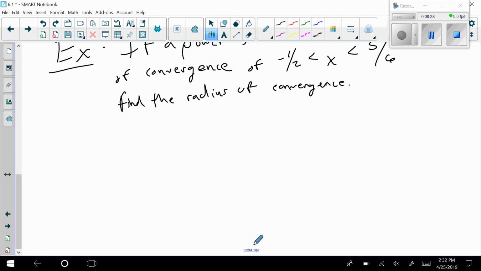I hope this isn't too bad. From -1/2 to 5/6, how much ground has been covered?